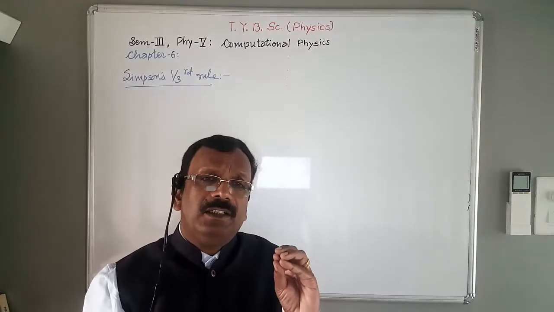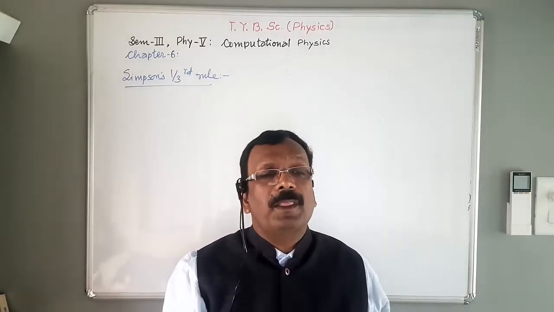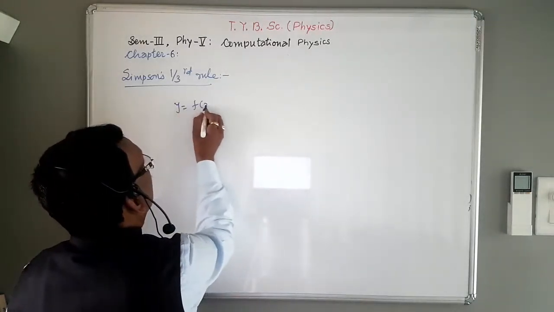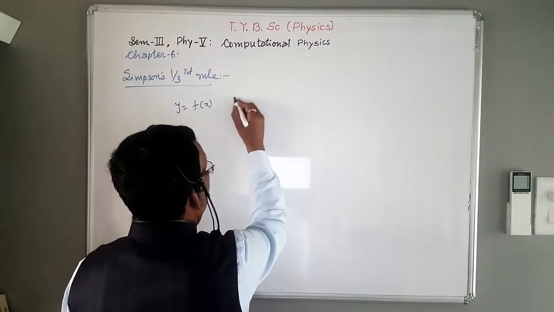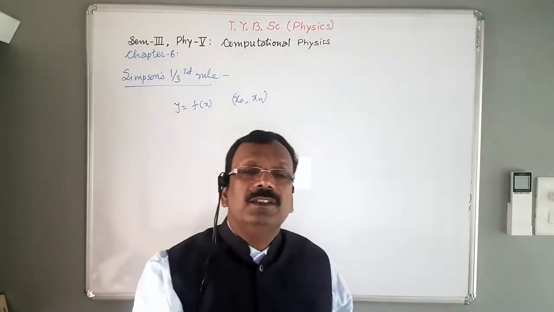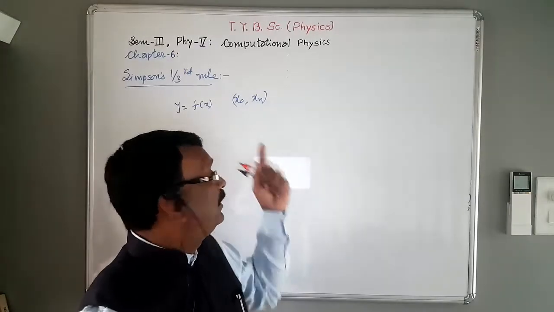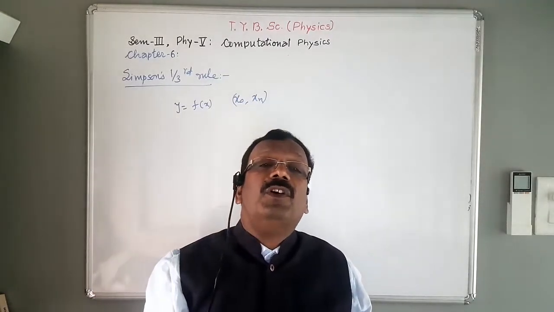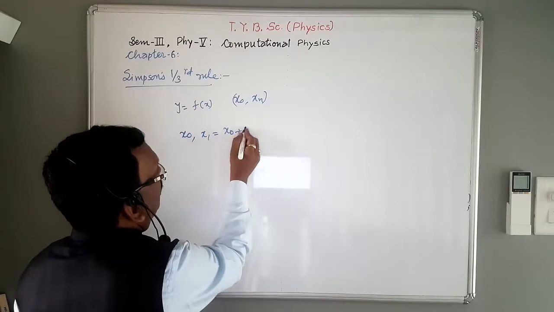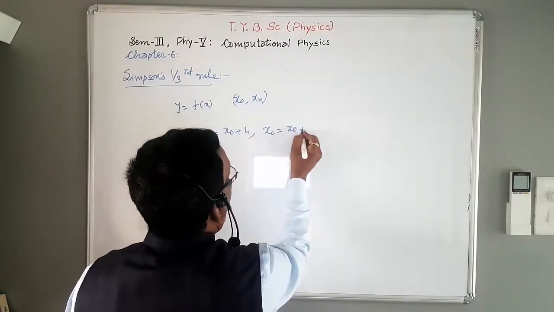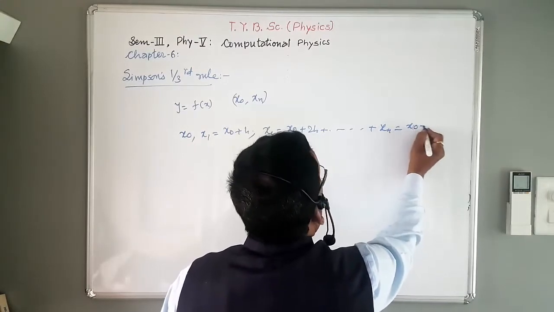In Simpson's 1/3 rule, we consider a function y is equal to f of x, having interval x0 to xn, where x0 is the lower limit and xn is the upper limit, with equally spaced values of arguments: x1 is equal to x0 plus h, x2 is equal to x0 plus 2h, like this, xn is equal to x0 plus nh.